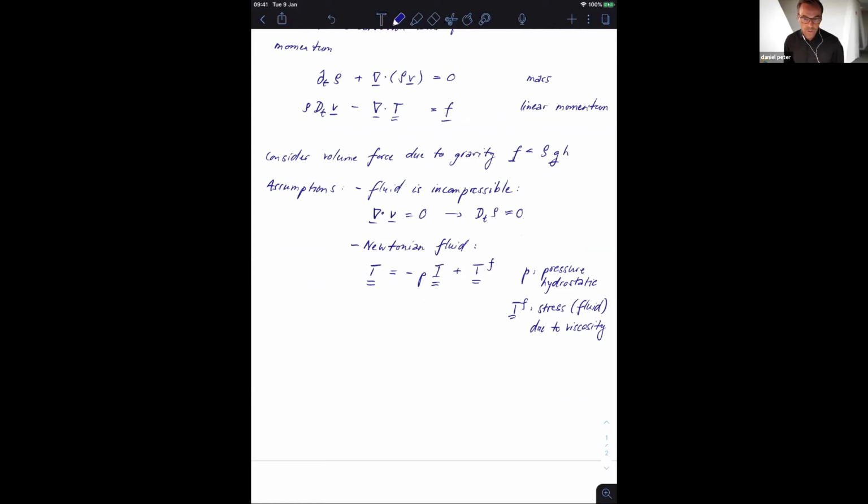So fluids like water or air under normal conditions are close to these idealized Newtonian fluids.